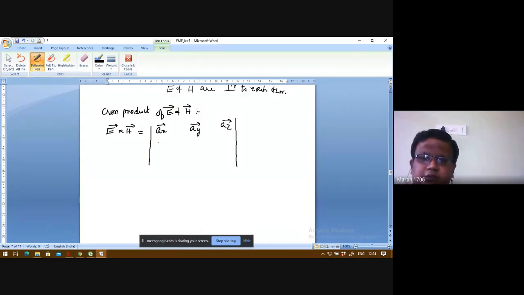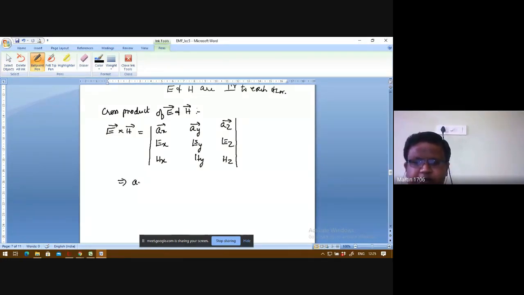Then E is equal to Ex, Ey, and Ez. Similarly, the third row is for the magnetic field, that is Hx, Hy, and Hz. So now we expand this matrix and apply the conditions, and we will get the resultant cross product equation between E and H.